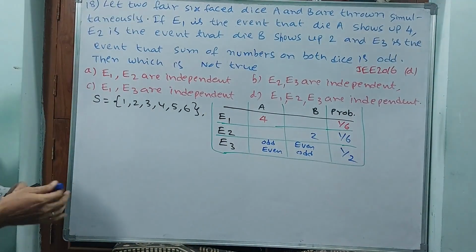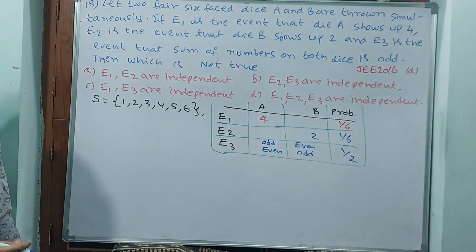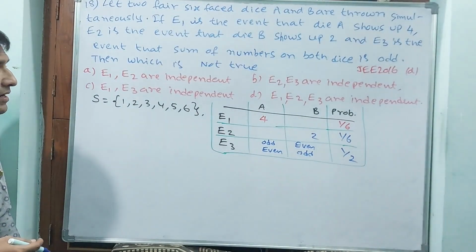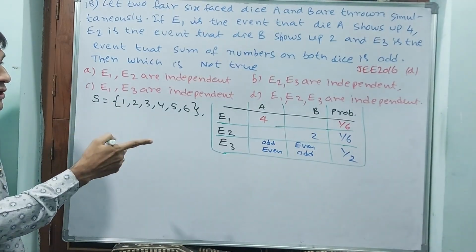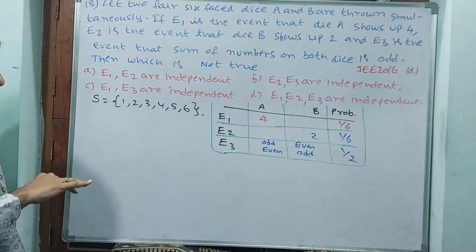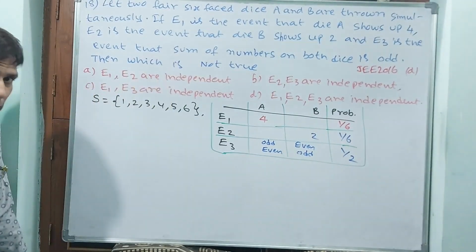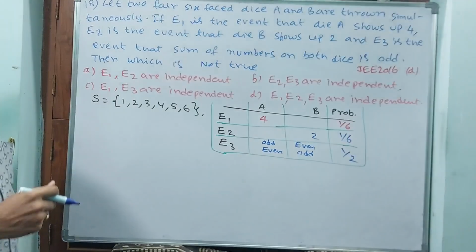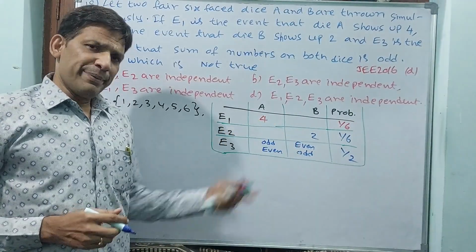Now see, first of all, let us see what we can say. Whether events are independent or dependent, we are seeing. First I will see E1 and E2. Now you tell me, are event E1 and event E2 dependent? No, why?